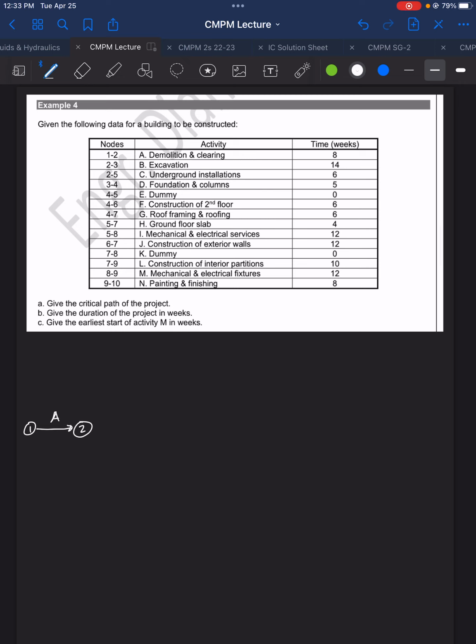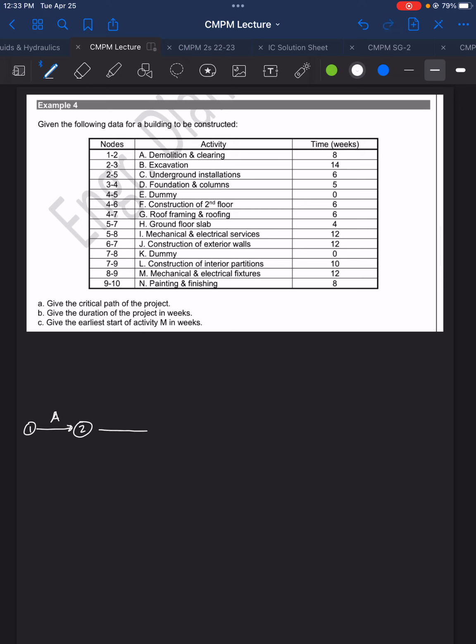Take note, it says here same nodes for C. Activity B is node 2 to 3 and activity C is node 2 to 5. Meaning, they have the same starting nodes. So it will branch out, right?